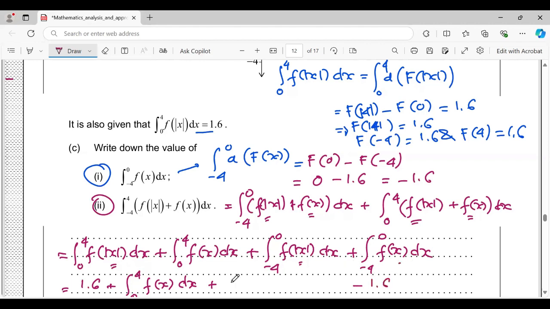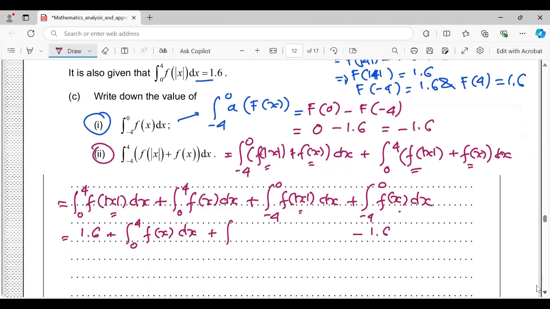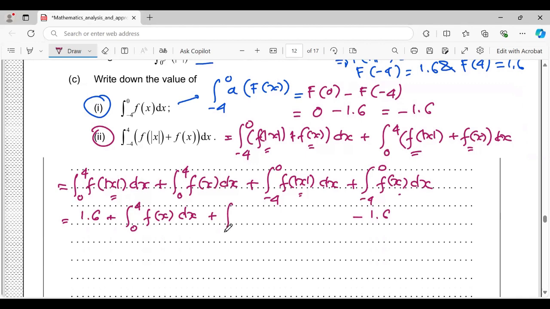This integral from minus 4 to 0 dx, plus this integral is this one, minus 1.6. So it means it is minus.